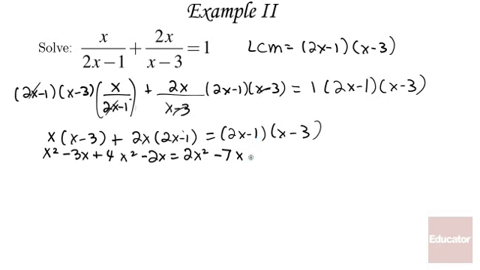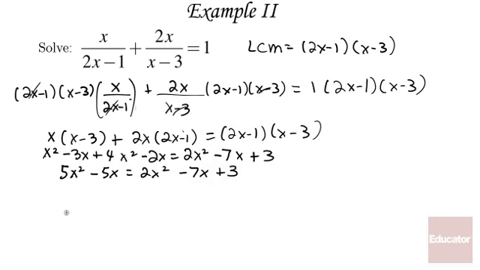And then the last terms, plus 3. Okay, doing some simplification here. I've got x squared and 4x squared, that's 5x squared, minus 3x minus 2x is going to give me negative 5x equals 2x squared minus 7x plus 3.